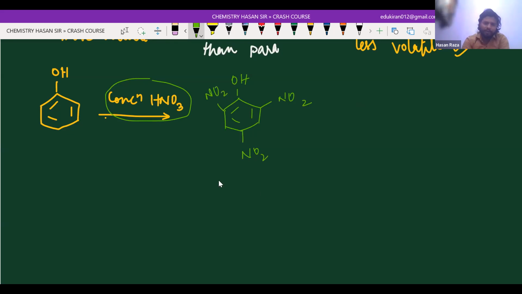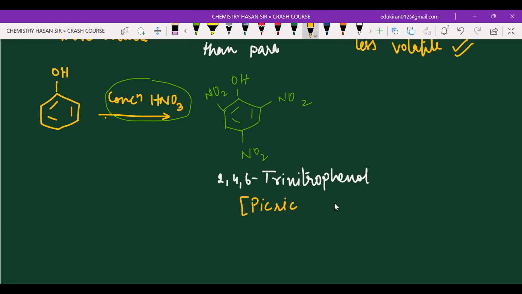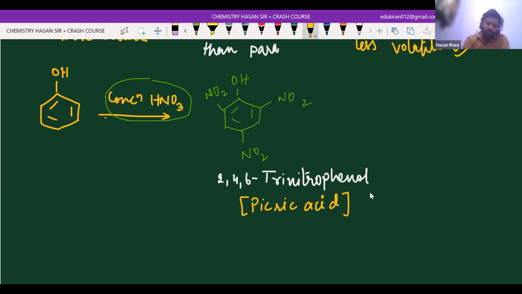And this has an IUPAC name 2,4,6 trinitrophenol, which has a common name which is quite famous, that is picric acid. This is your picric acid.